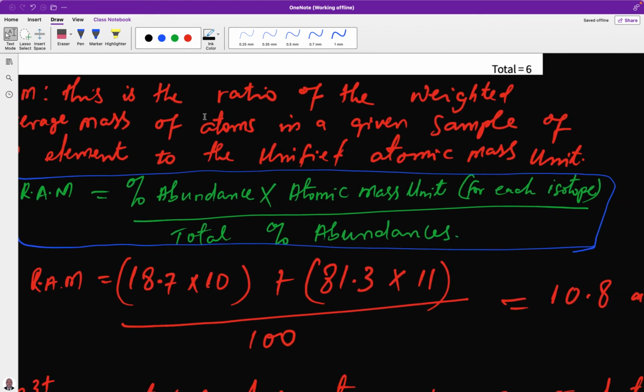I said to calculate the relative atomic mass of any element given the different isotopes, what you do is take the percentage abundance that has been given times the atomic mass unit for each isotope, then divide it by what? Divide it by the total percentage of abundances.